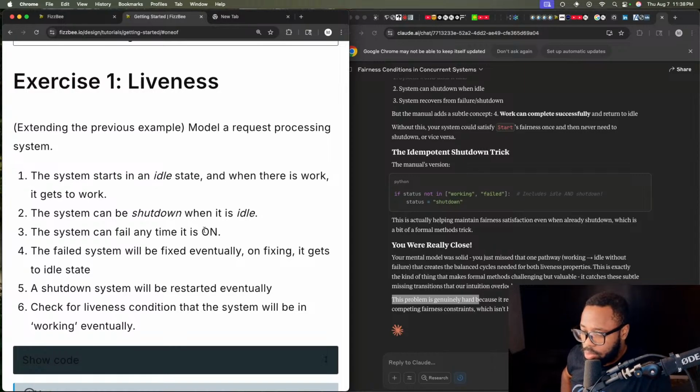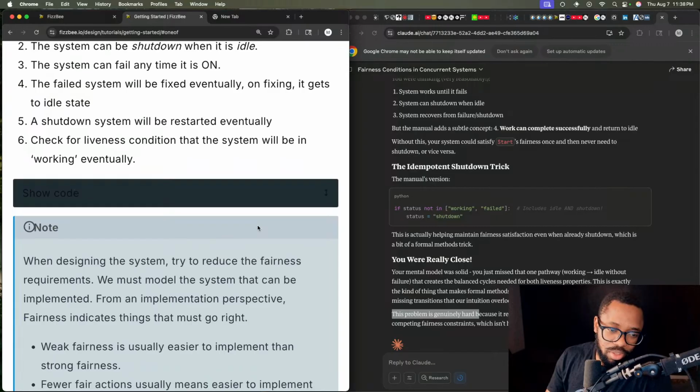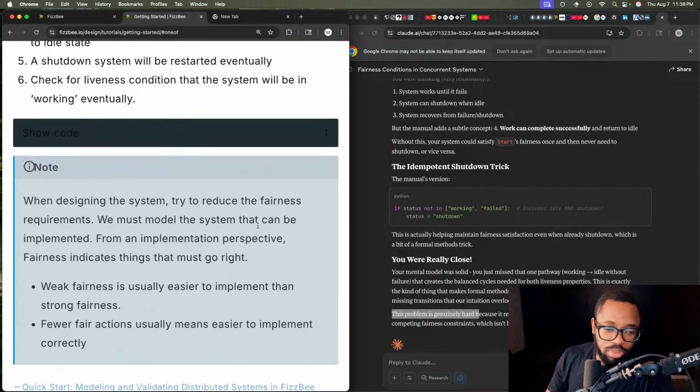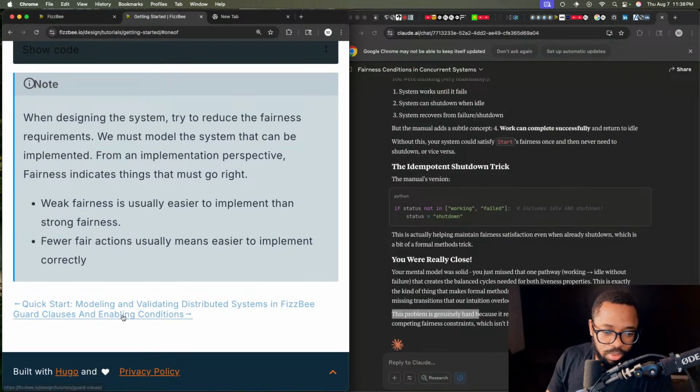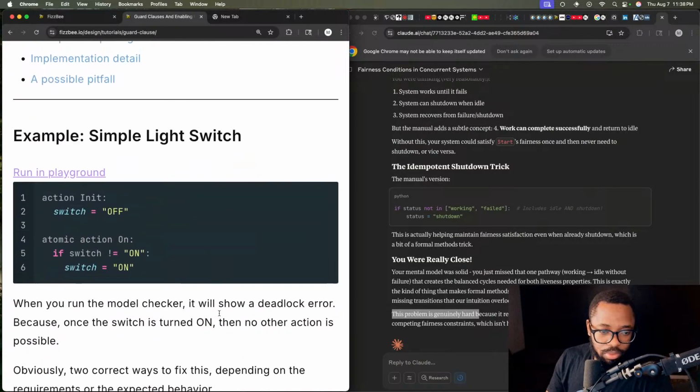Is that a word? Something that can be assumed. Anyway, so first exercise, that was a failure. I mean, I did try in my defense. Maybe I didn't try harder.